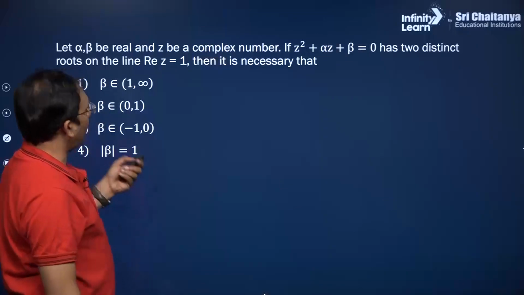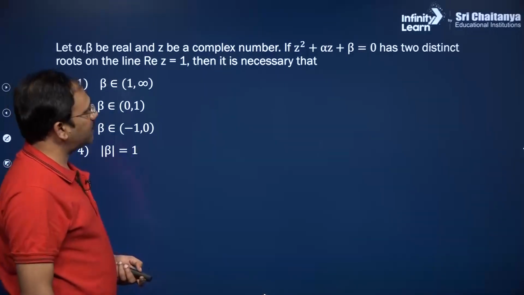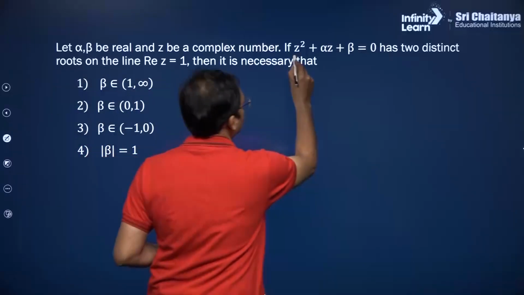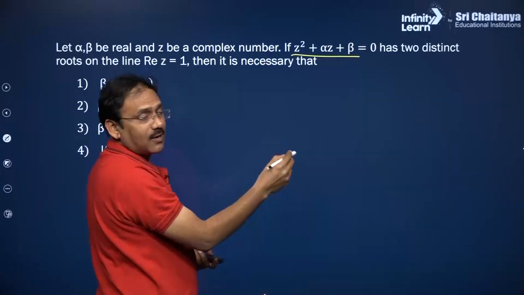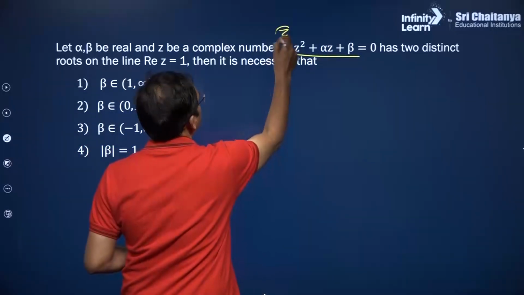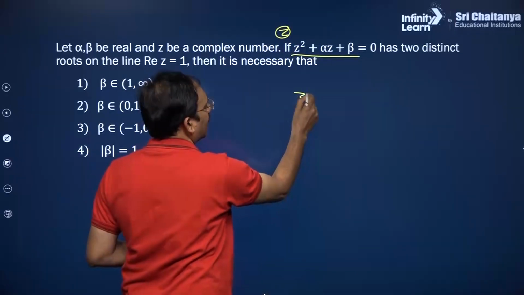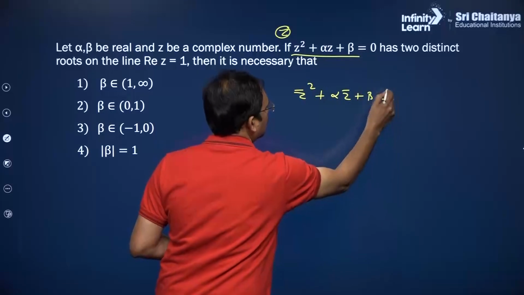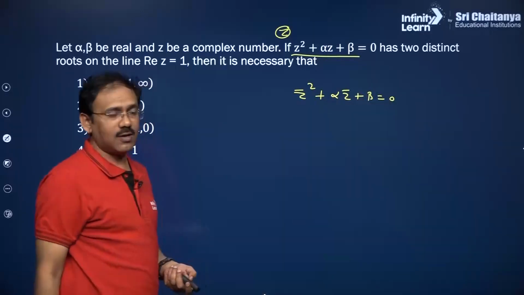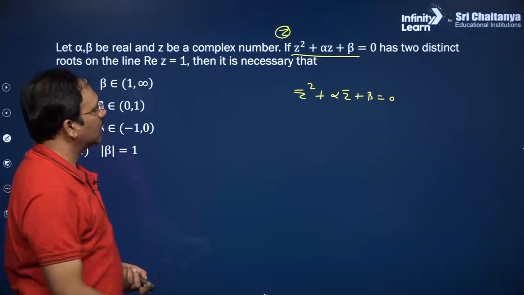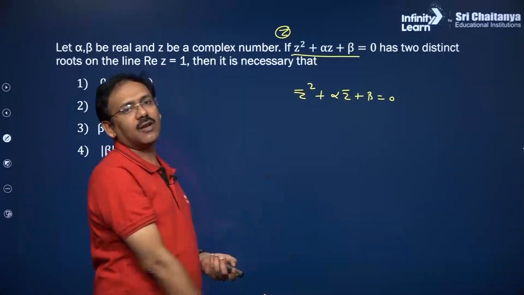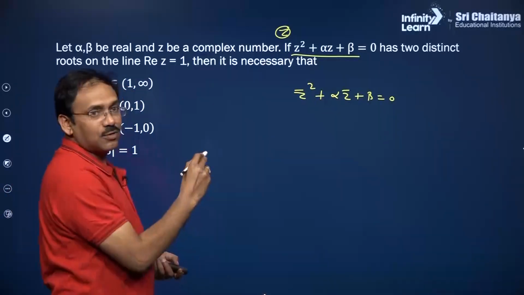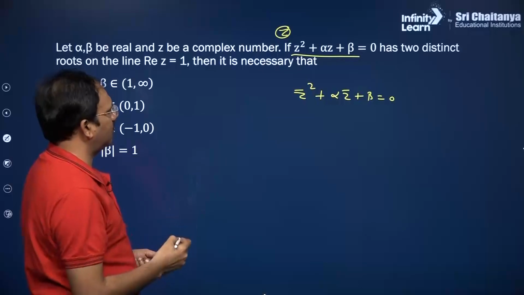Next, friends, if alpha beta are real and z is the complex number satisfying this equation. My dear friends, alpha beta are real, so suppose z is a root of this; you just apply bar: z bar square plus alpha z bar plus beta equal to 0, because alpha beta are real numbers, so bar is itself. That means z bar is also a root. Whenever z is a root, z bar is also a root of this particular equation.